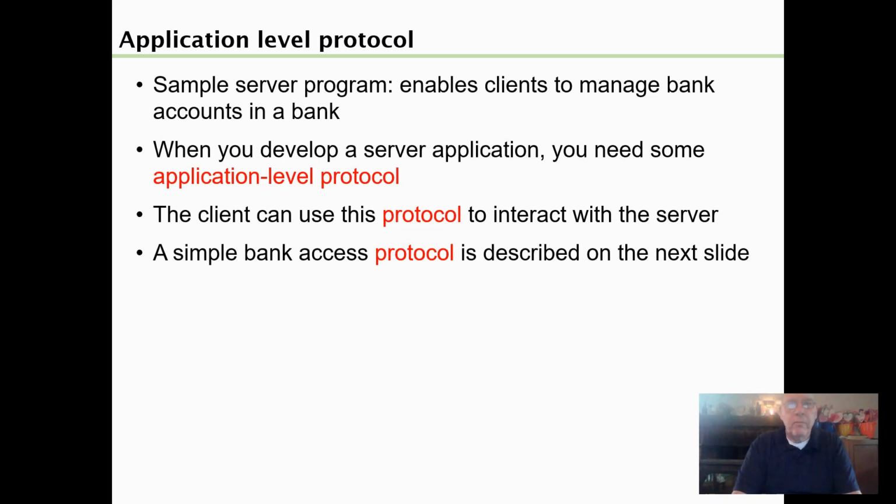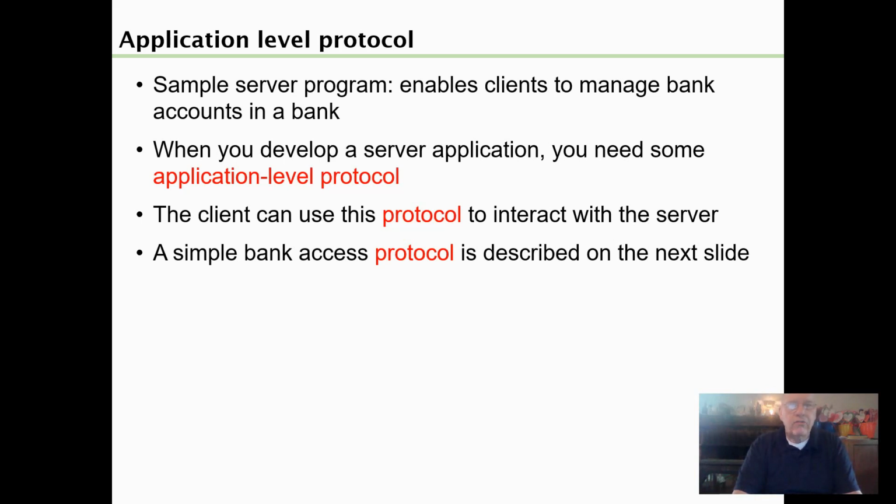The internet protocol is pretty well established, and anybody who wants to join the internet has to follow that protocol. Application level protocols are maintained on an application by application basis.